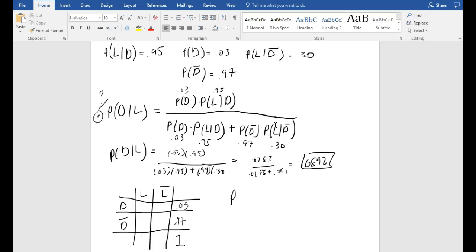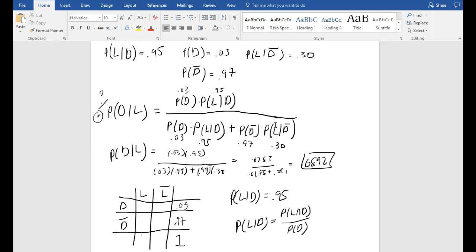The first conditional probability we have is the probability of L given D, and that's 0.95. So we plug that into our conditional probability formula, and we know that the probability of L given D is equal to the probability of L and D all over the probability of D.